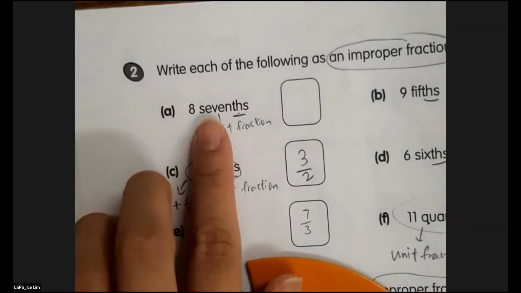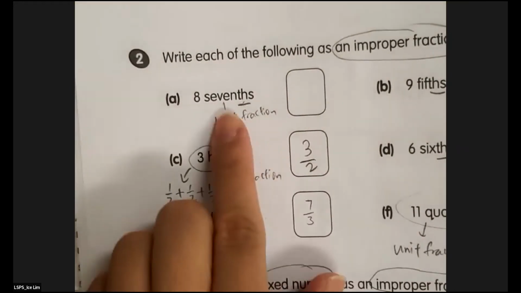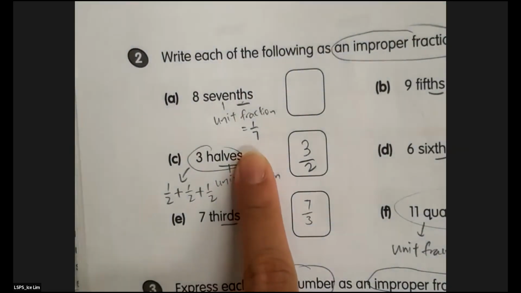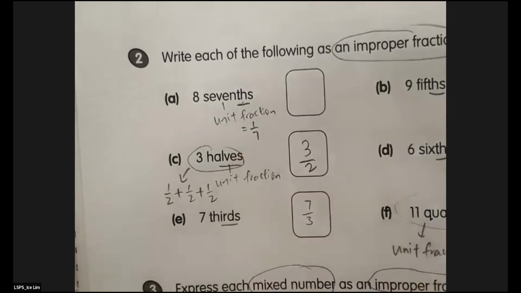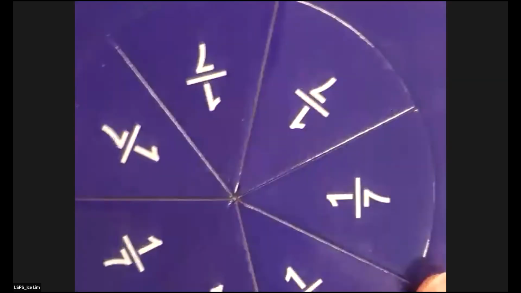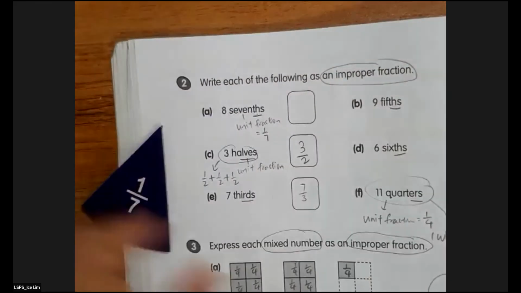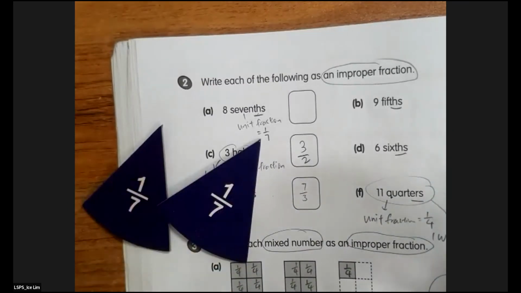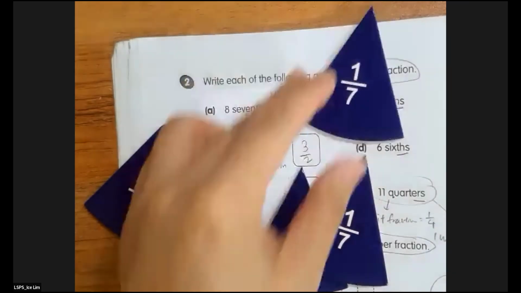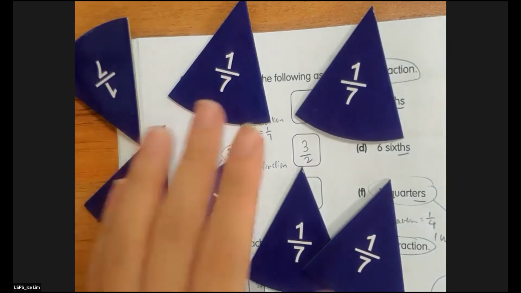Like the next one, like A, if I'm talking about 8 sevenths, I'm looking at sevenths. So the unit fraction is 1/7. I have 8 of these 1/7. So I'll be looking for this dark colored one. I have 8 of these 7ths, meaning I have 1 piece of 7, 2 pieces of 7, 3, 4, 5, 6, 7 pieces of 7, and there's 8 of them.